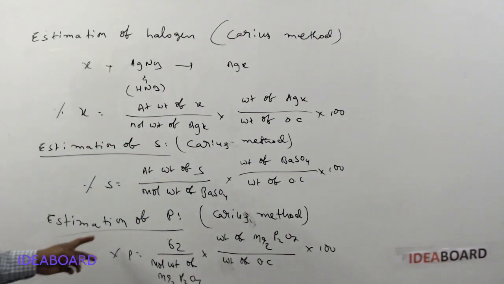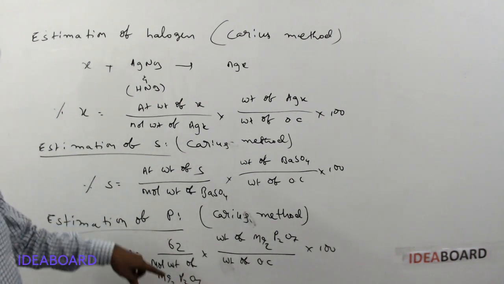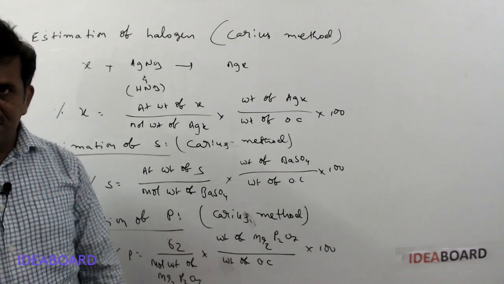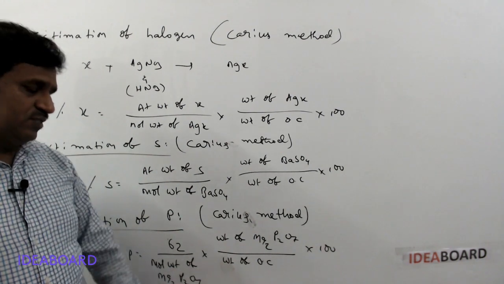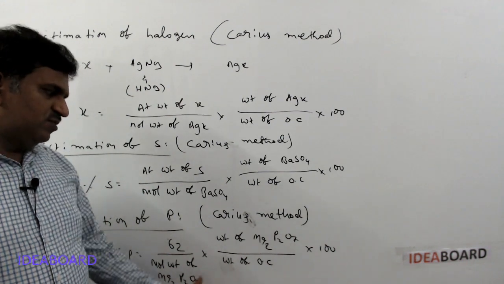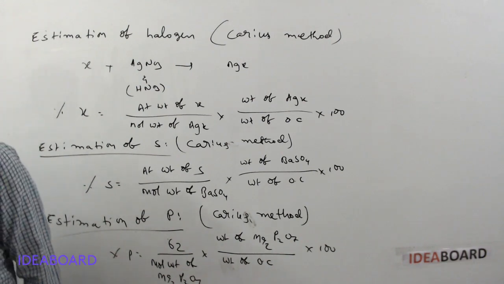So the phosphorus present in the organic compound is treated with magnesium mixture, then it is converted into the magnesium pyrophosphate form. The phosphorus present in the organic compound is converted into the magnesium pyrophosphate form, and this is Mg2P2O7. Then this is used to calculate the percentage of phosphorus.